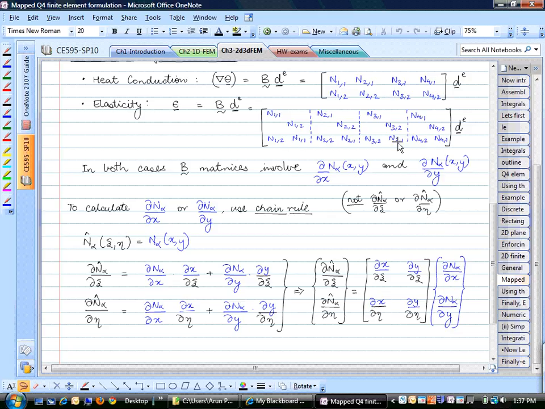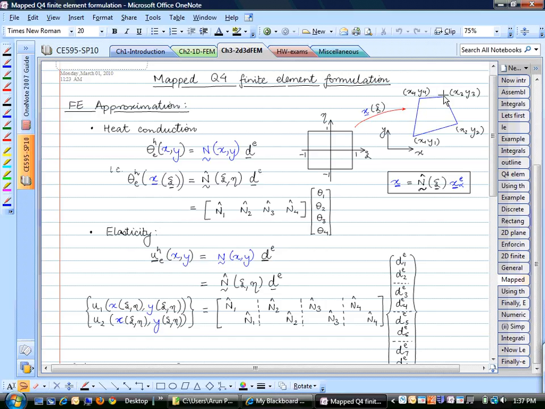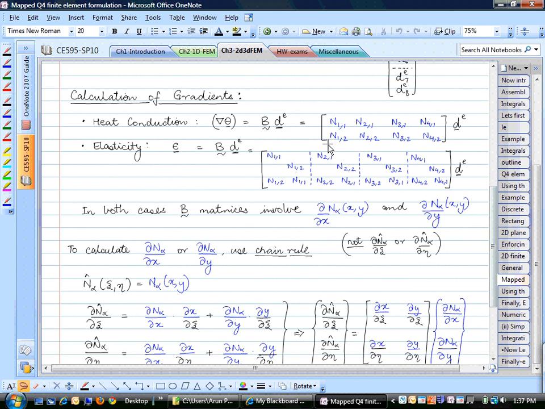So this is something that you absolutely have to understand: when we are solving any finite element problem, we want to calculate things on the real domain, and then we will map them back to the parent domain to do our integrals. So all these derivatives have to be with respect to the real x, y coordinates.